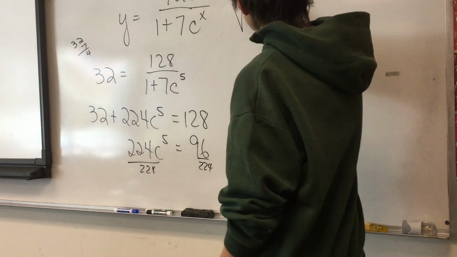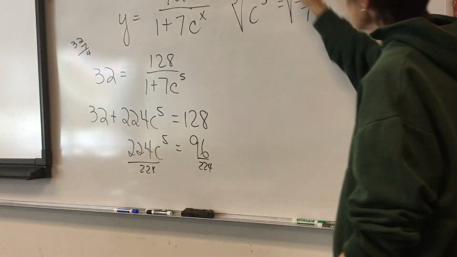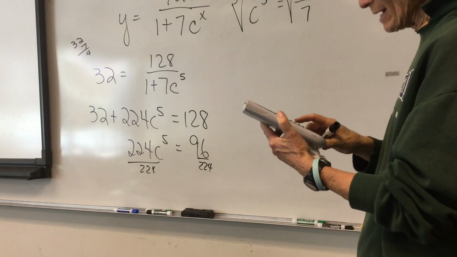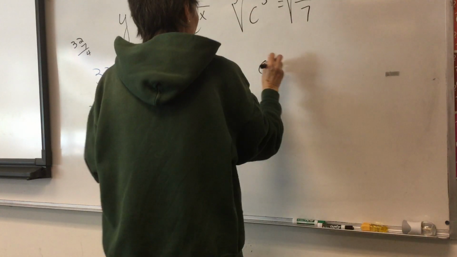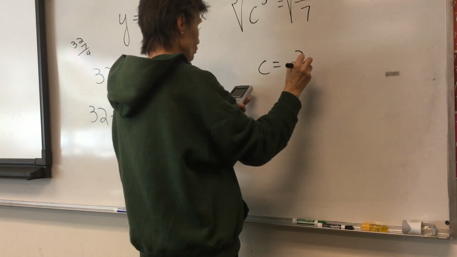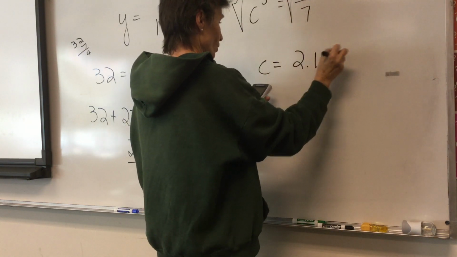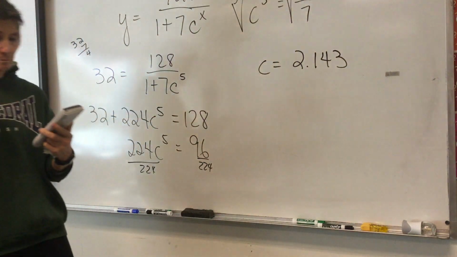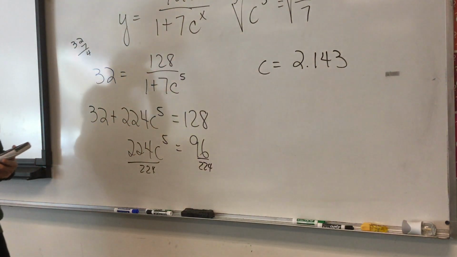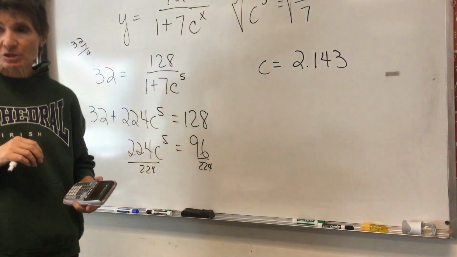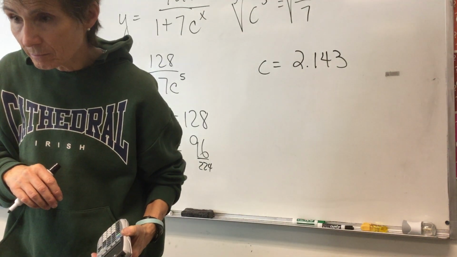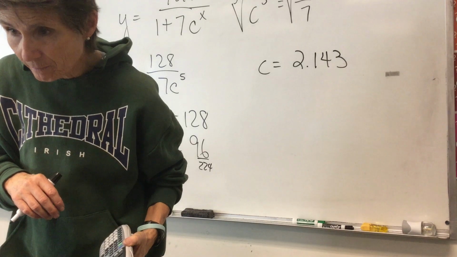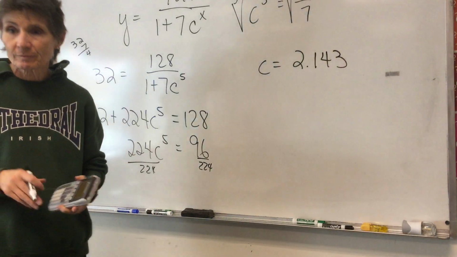Now you need to take the 5th root or raise it to the 1/5 power. Whatever works for you. I got a C value of 2.143. Does that match somebody? Okay, thank you.